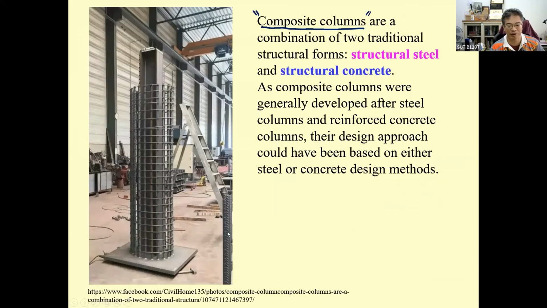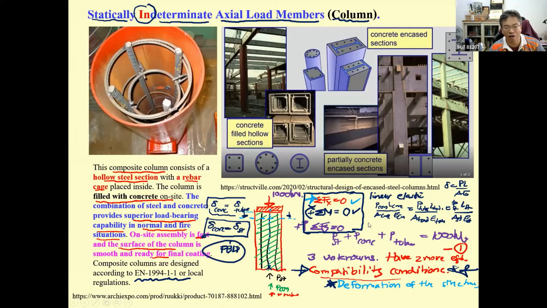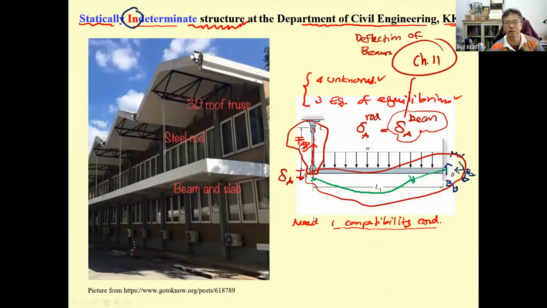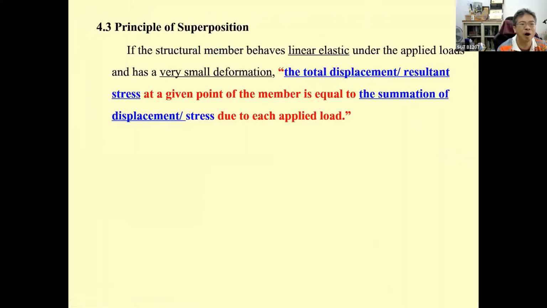If you go to the previous example, you have to consider all the deformations, and then consider them as the compatibility equation. And by doing that, we are going to use another important principle. It's called the Principle of Superposition.